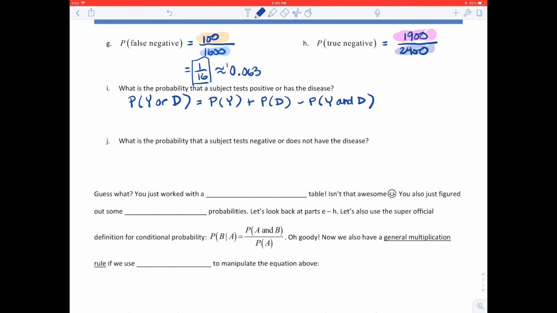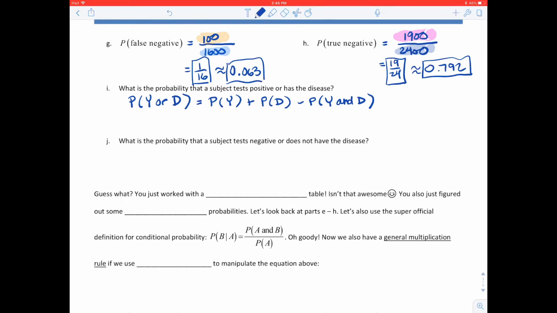And then this one over here is exactly 19/24 and approximately 0.792. All right, perfect.